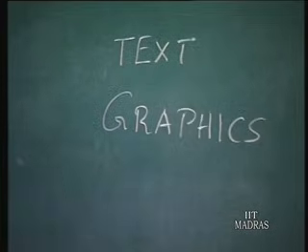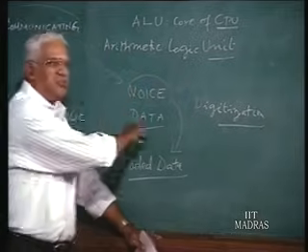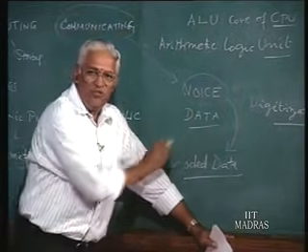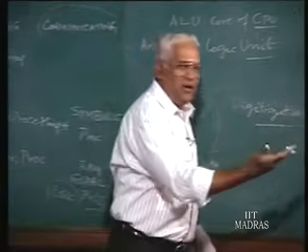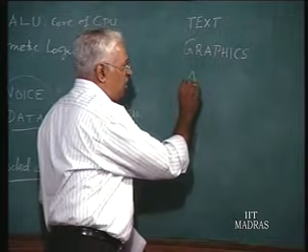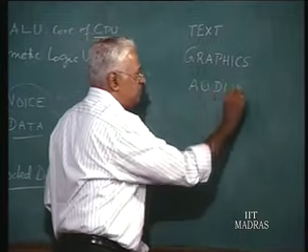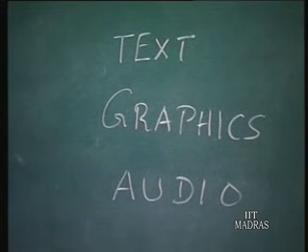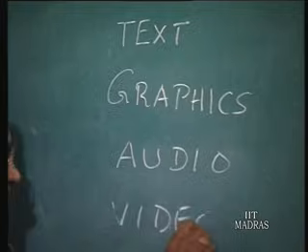Meanwhile, because communication has also become very much part of this whole thing, now we can add voice, in other words audio. Well, when we talk about audio, the next thing obviously is video, good.